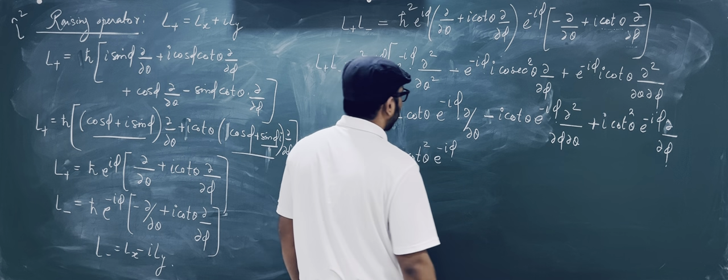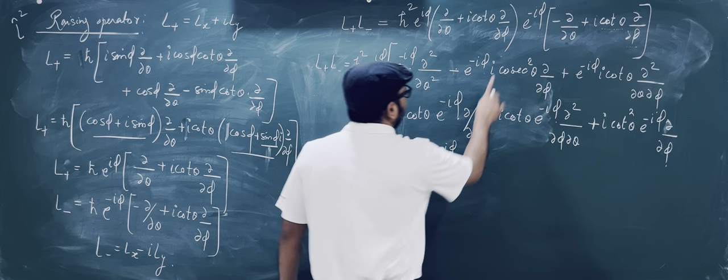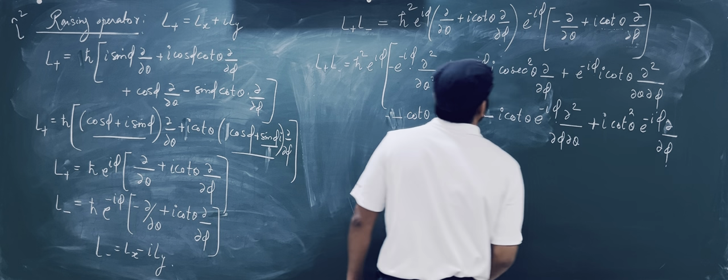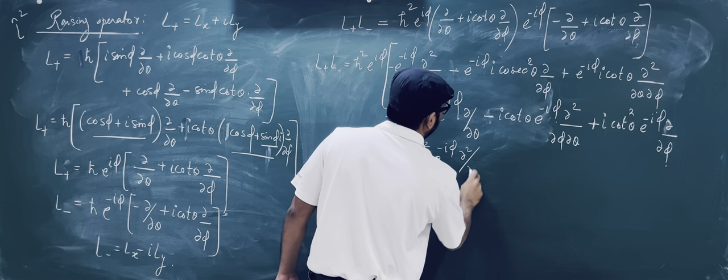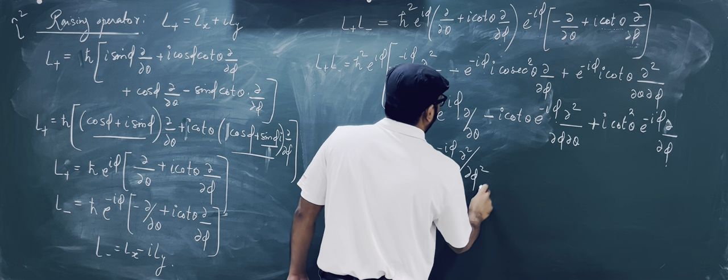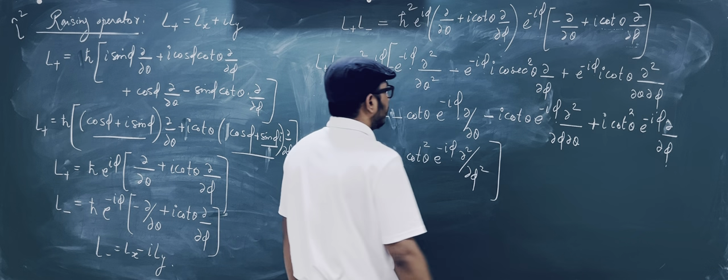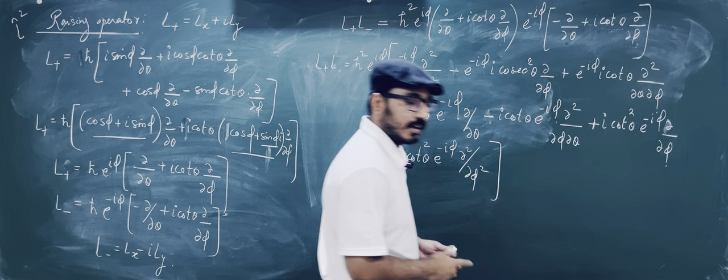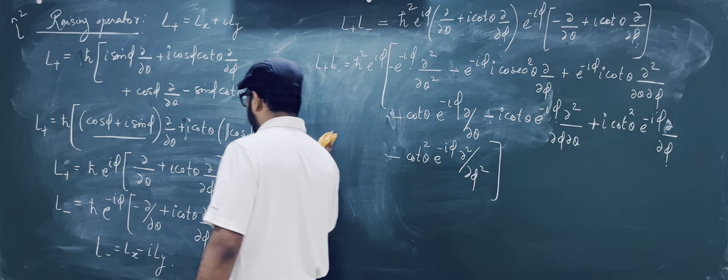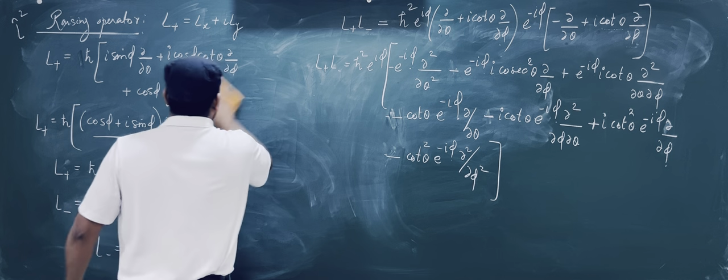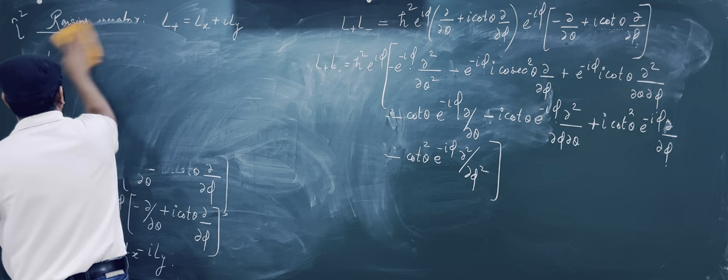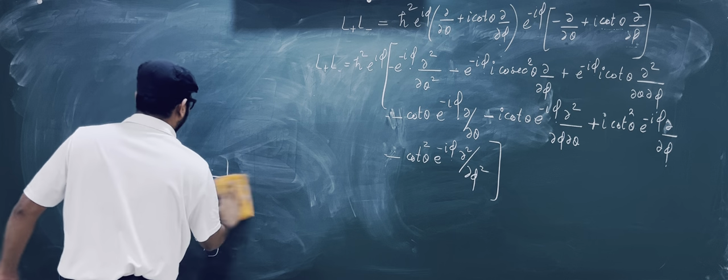So this is minus cot square theta e power minus I phi, and this is going to operate on this thing. So this will become del 2 over del phi square. So there are 1, 2, 3, 4, 5, 6, 7 terms. Pretty bad, yeah?